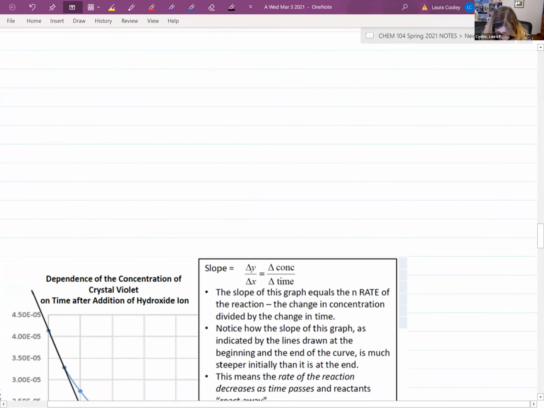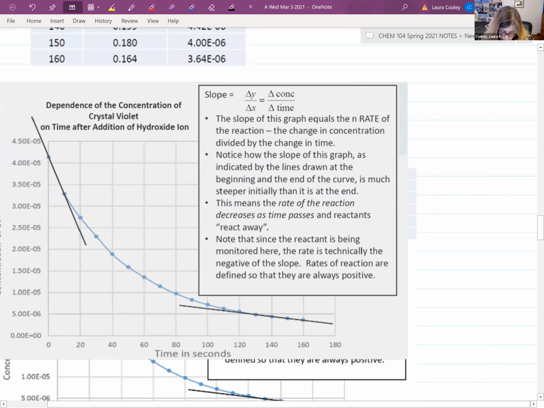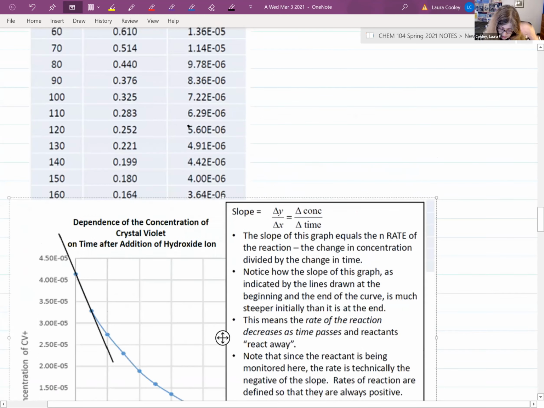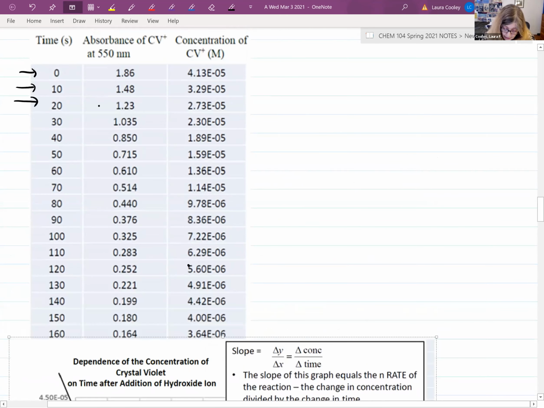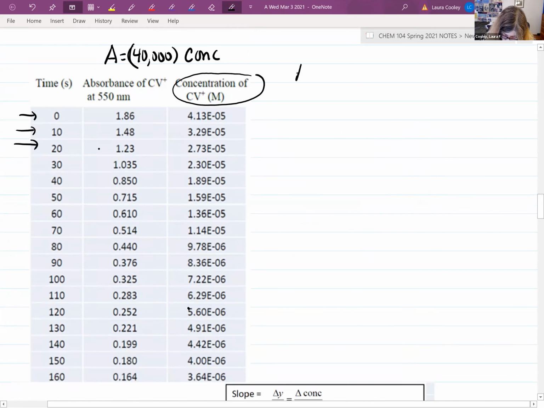And the other thing I did, besides plotting it, which I'm going to show you in a minute, was on Excel, I took the absorbance. Remember, A equals 40,000, that's that epsilon b constant, times the concentration. What I did to get this column was I took the absorbance and I divided each one by 40,000. That's how I got from here to here.